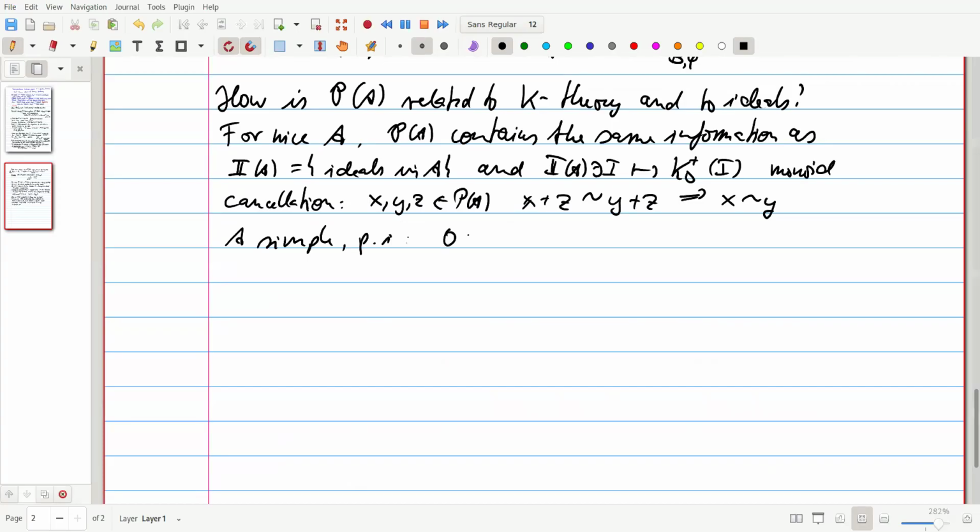We also know that P of A in that case is already all of K0. So then P of A is just K0 of A, and the 0 element is the class of some projection Q, where Q is a full projection, so it generates the whole C-star algebra A. It's not 0.